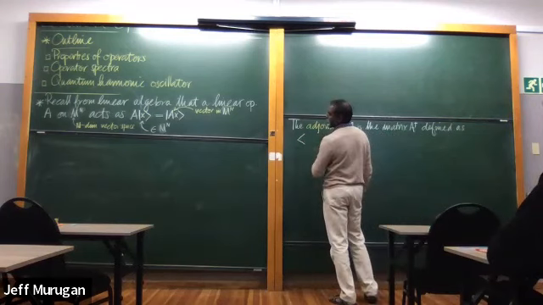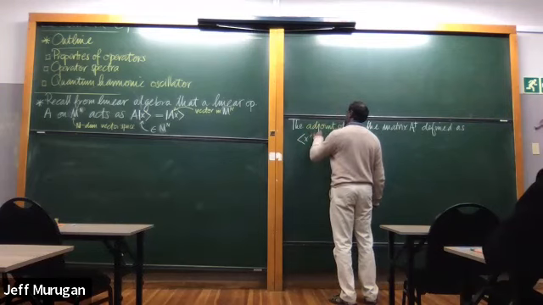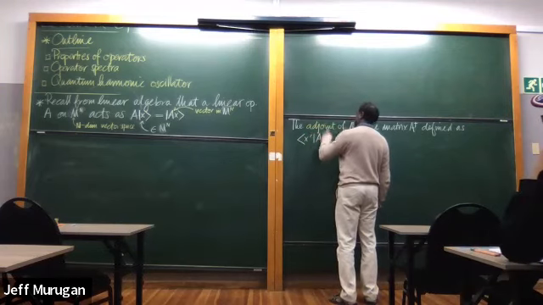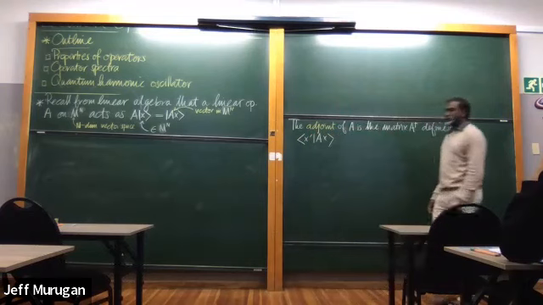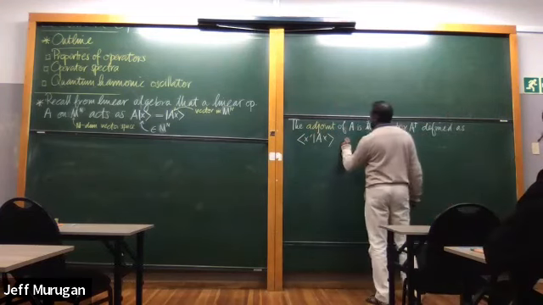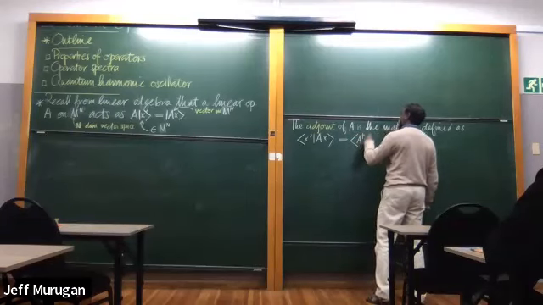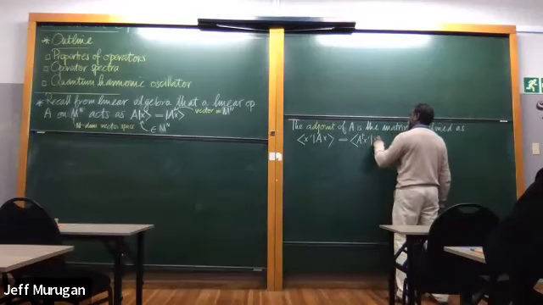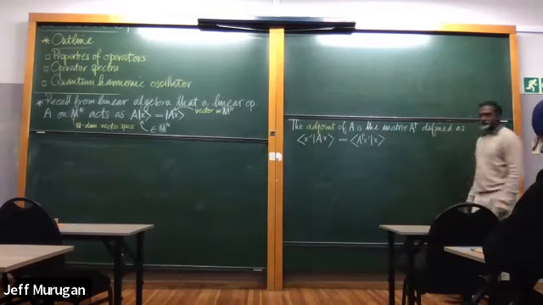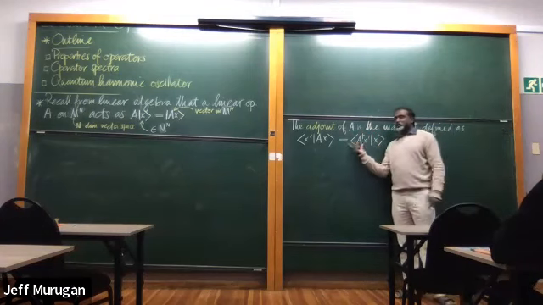If I take x prime and I take the inner product of x prime and Ax, this is the same as the inner product of A dagger x prime with x. So this is how you technically define the adjoint in a finite dimensional vector space.